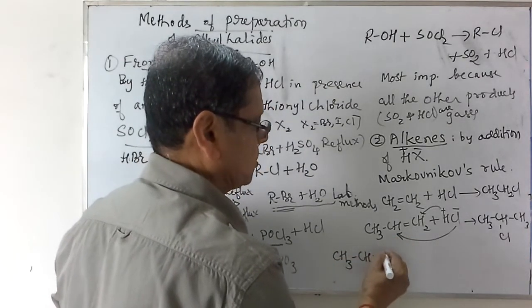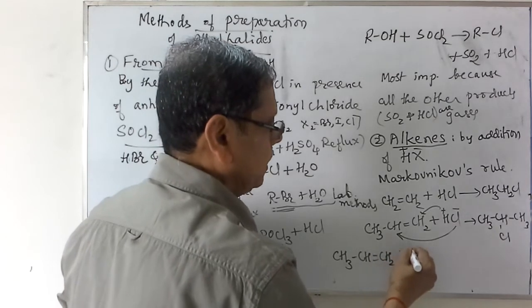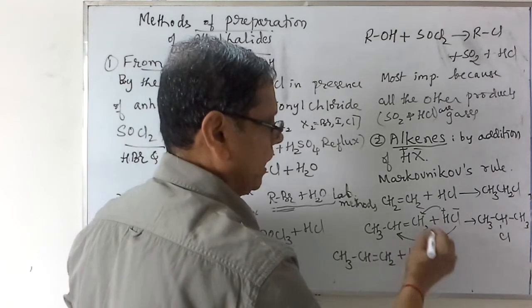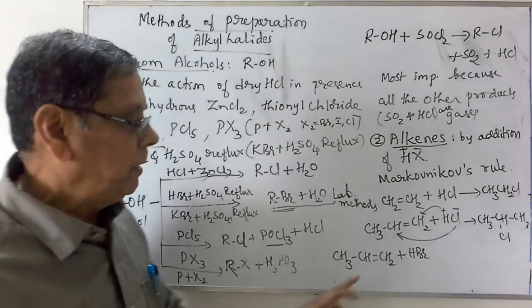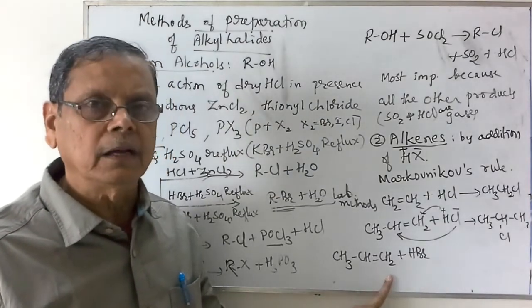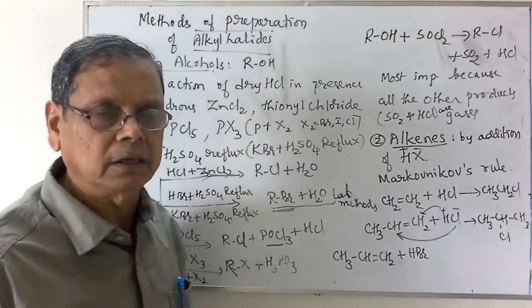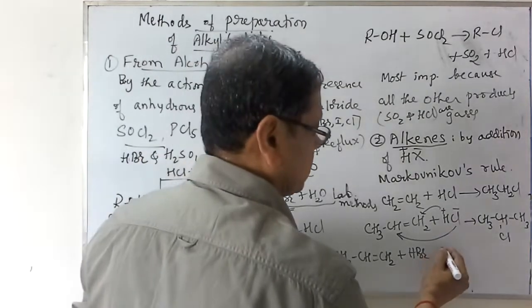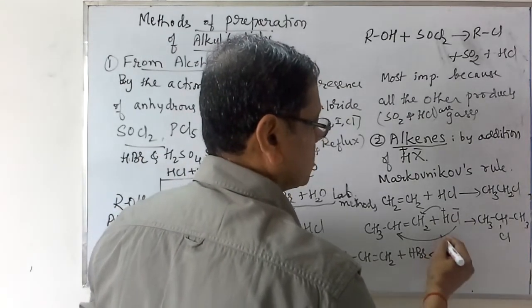But if the same reagent, CH3, CH double bond CH2, is treated with hydrogen bromide, there will be two types of products depending on whether we are using the catalyst or not. Suppose you carry out the reaction by using a peroxide catalyst.